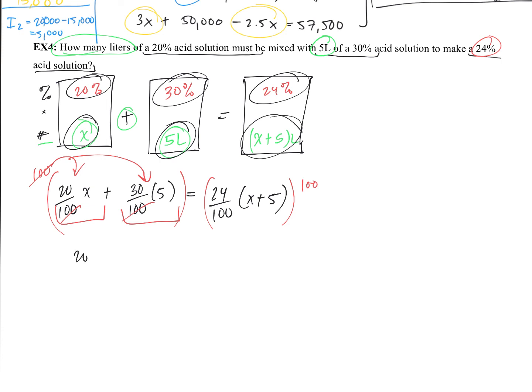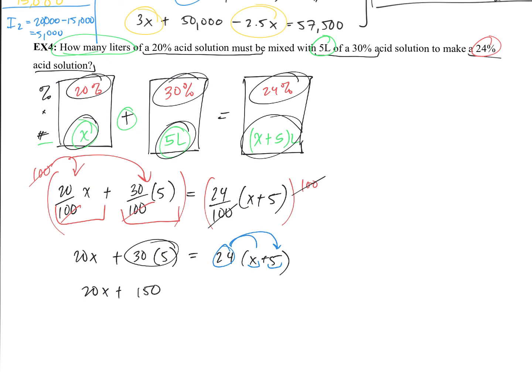And I have 20x plus 30 times 5 equals 24. Ooh, those hundreds cancel. Times x plus 5. Okay, that equation looks way better. Let's go ahead and get rid of those parentheses, multiplying in that 24 to both the x and the 5. 20x plus, and I'll multiply these together, so 30 times 5, that is going to be 150, equals, so 24x plus 24 times 5.